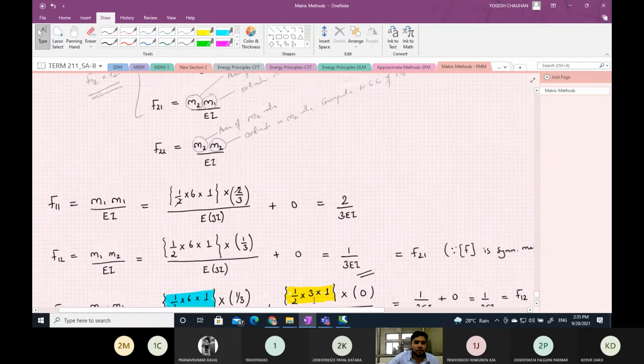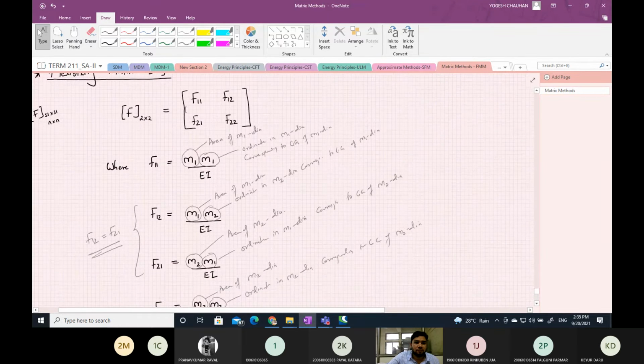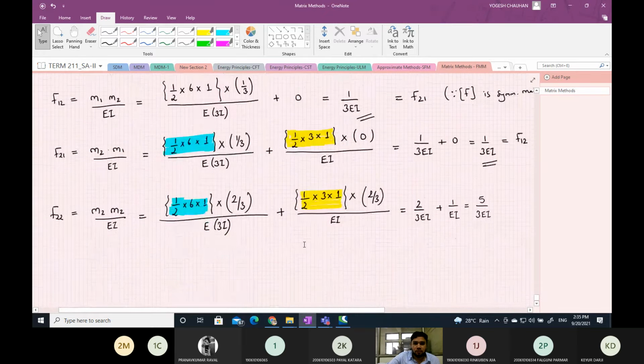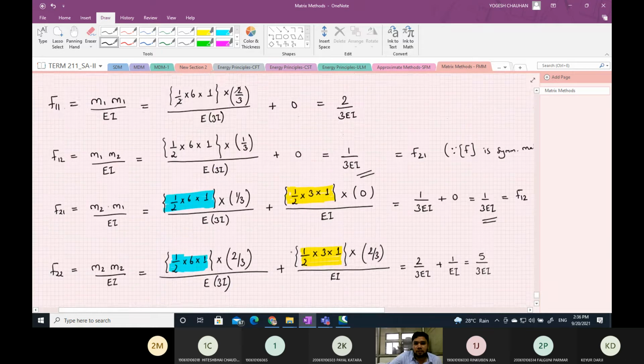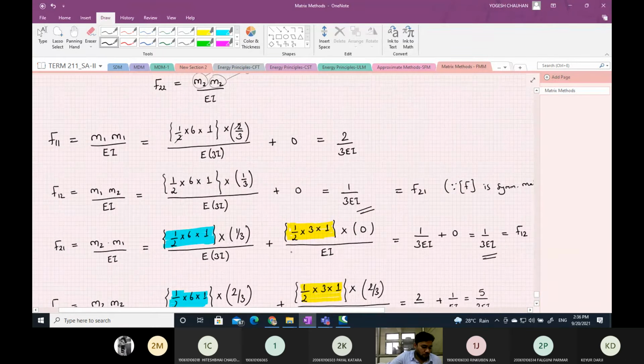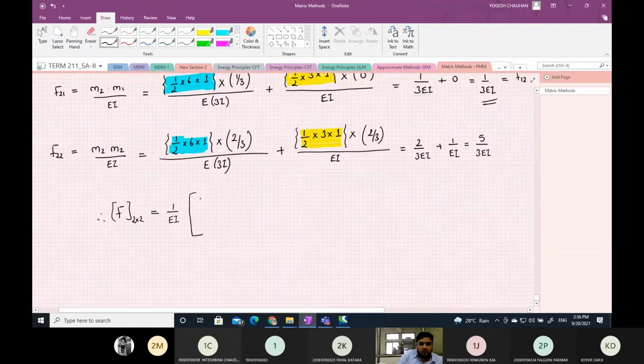So you can make the F matrix, which is given by this form. Therefore your F matrix, which will be a 2 by 2 matrix, will be equal to, we take 1 by EI as common, so F11 is 2 by 3, so this will be 2 by 3.